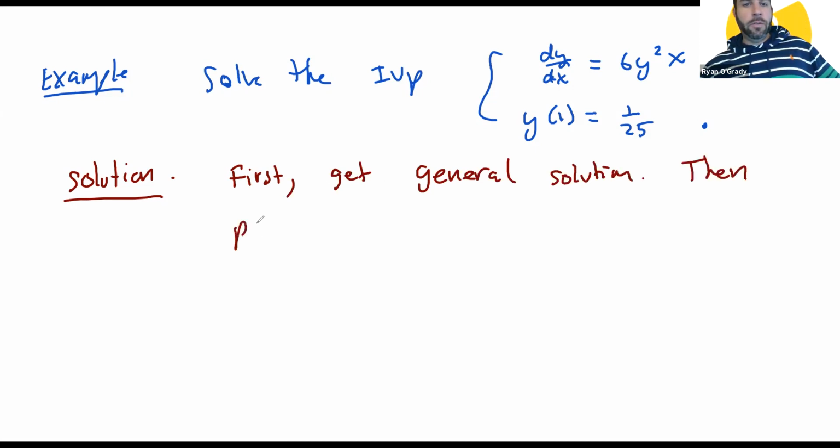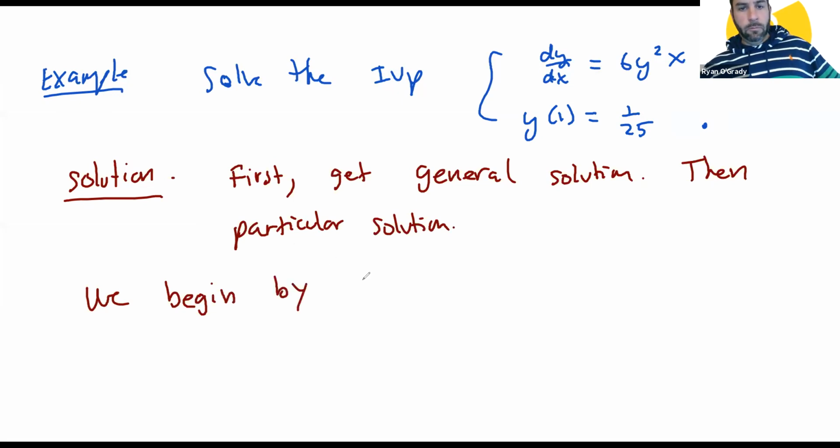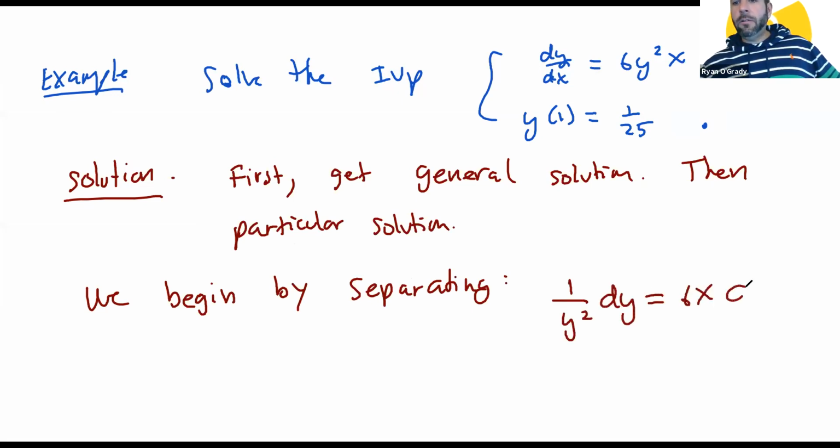Then the particular one. So we begin by separating. So when I separate my equation, I get 1 over y squared dy is 6x dx.